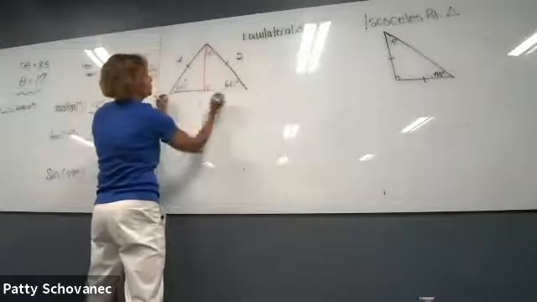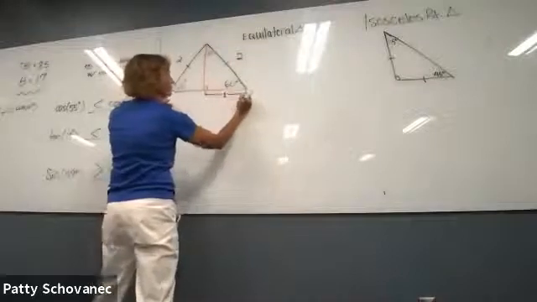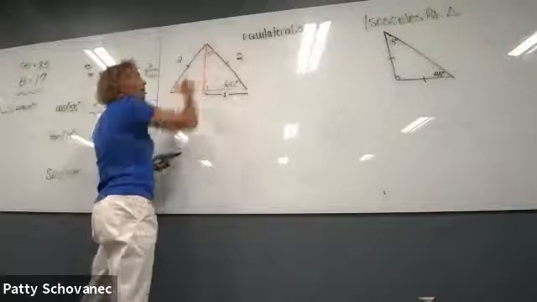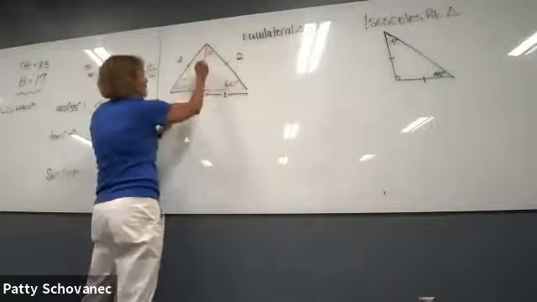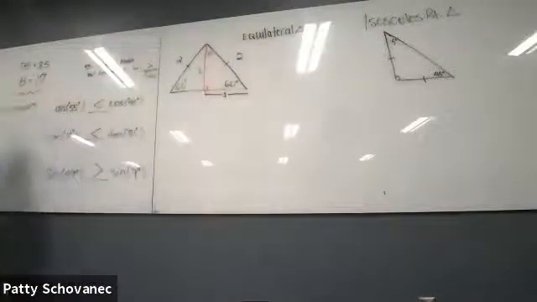So if this was 2 units, then this length from here to here is now 1. And I just want you to look at the right triangle formed over here. Use your Pythagorean theorem to find the length of h in that triangle. One leg is 1, one leg is h, the hypotenuse is 2. Find the length of h.